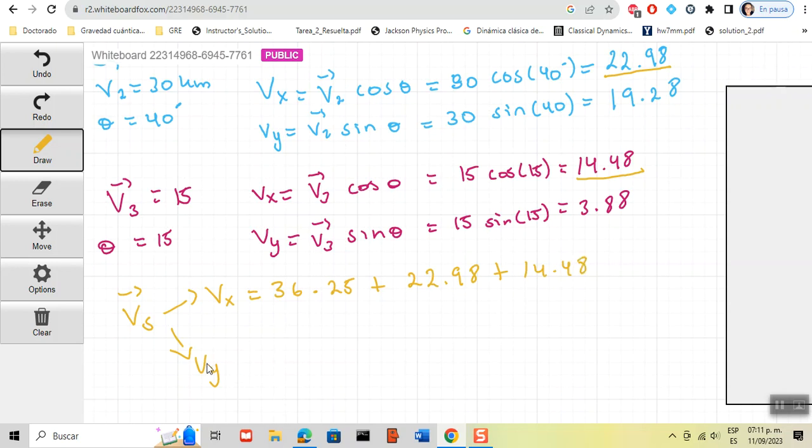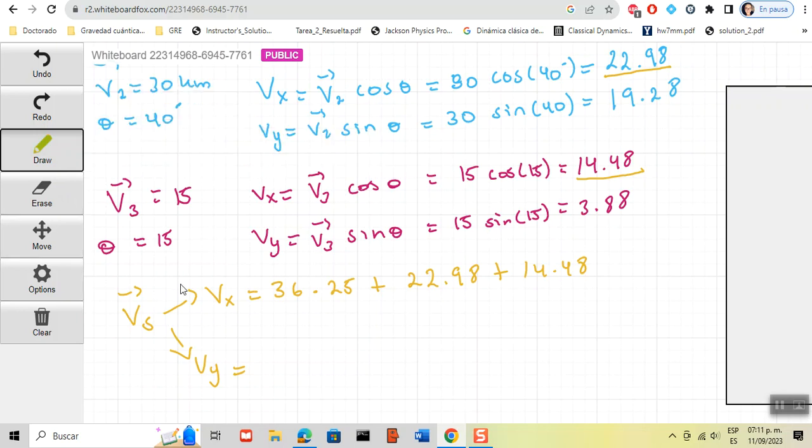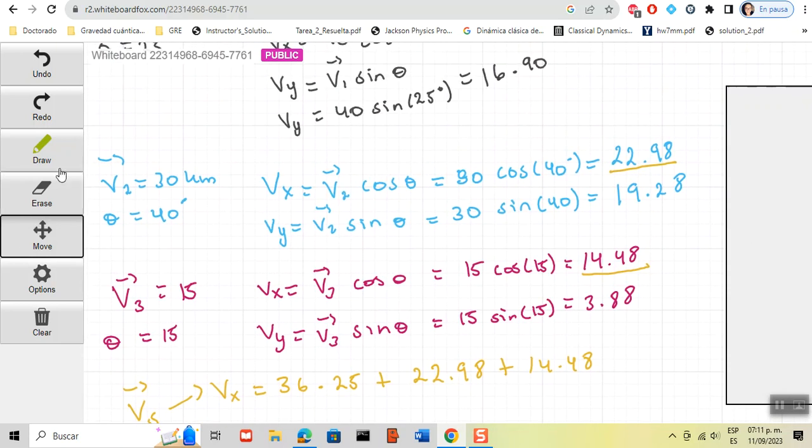Okay, now we're going to do the same thing with the y's, and I think I should use a code of color or something. So let's use green. Yeah, I'm going to do it with green, okay? And we're going to add the components in y for our vectors.